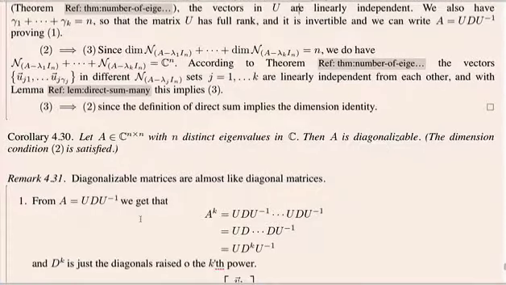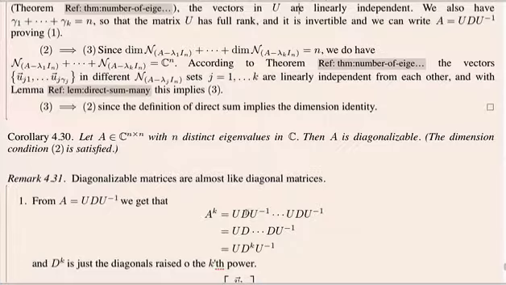So diagonalizable matrices are almost like diagonal matrices. For example, from this identity A equals U D U inverse, we get that if you want to raise A to the kth power, that means writing U D U inverse k times, then these in-between U inverse U pairs cancel out, since that's the identity matrix, and multiplication by the identity matrix doesn't change anything, so we can leave them out.